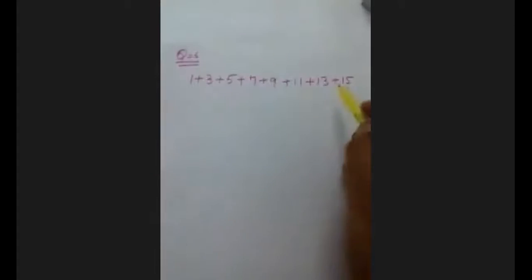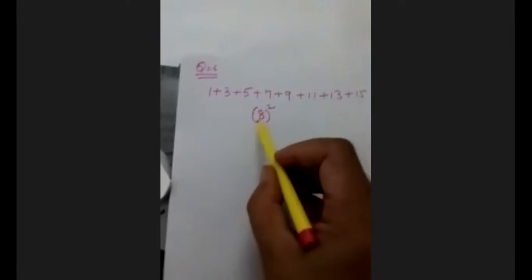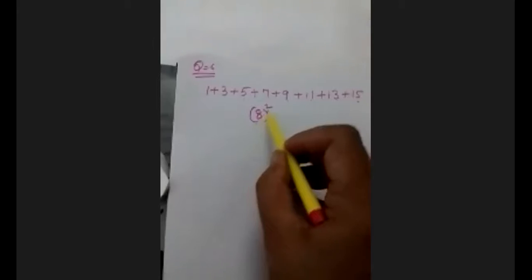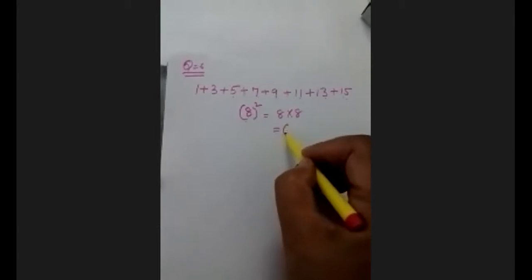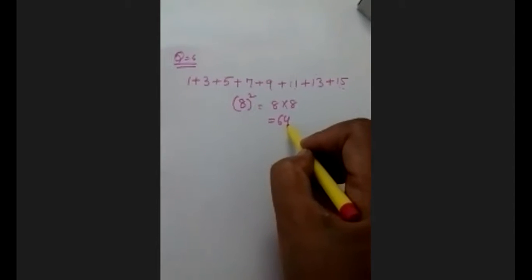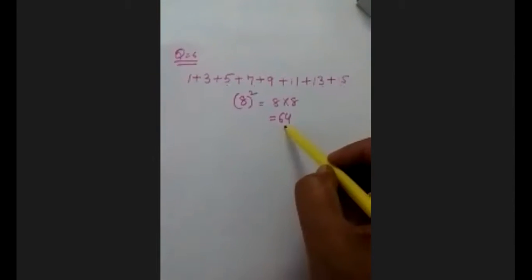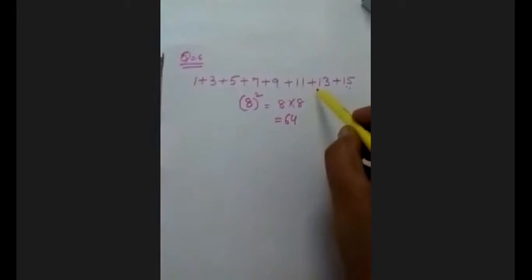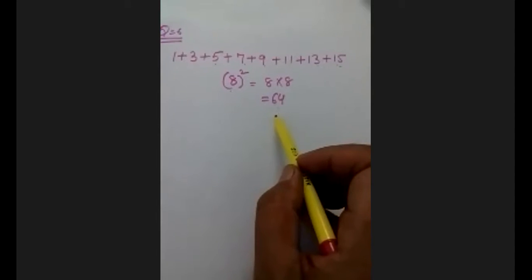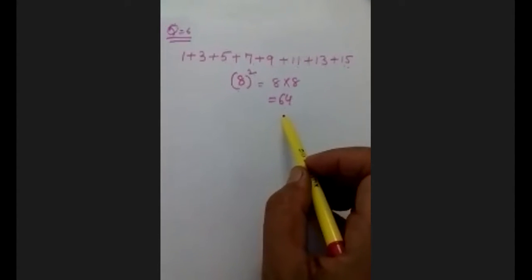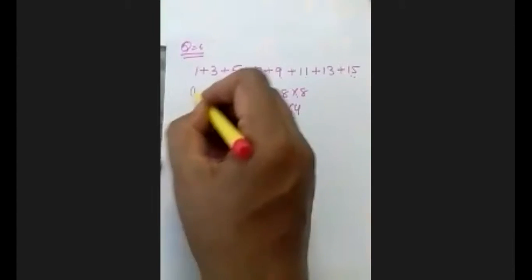To find the sum, you just square this number. Total numbers are 8. 8 square. Now 8 into 8 is equal to 64. So students, the sum of all numbers is 64. If we add all these odd numbers, then the result is 64. Clear, students? This is the sixth question, first part.